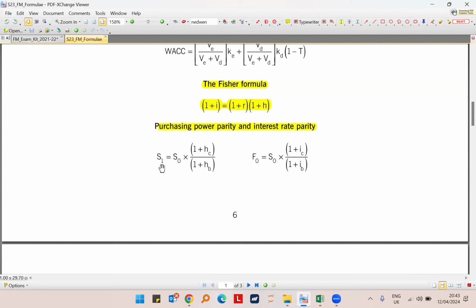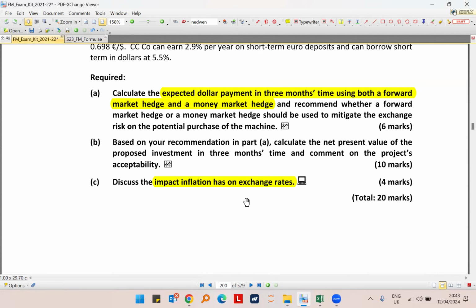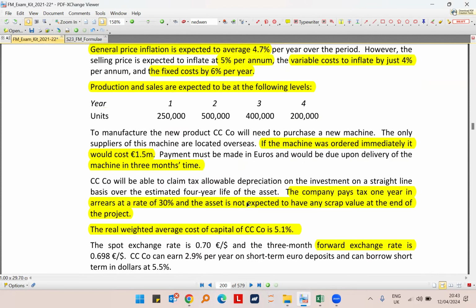So, of course, maybe what I can do is to take you to the solution of that so that you see what more they have talked about, the inflation and exchange rates.